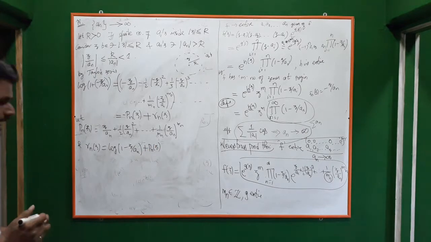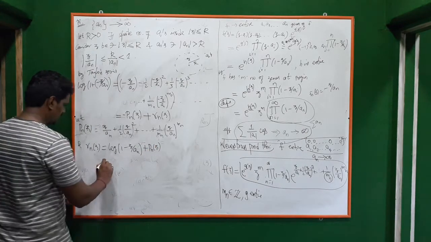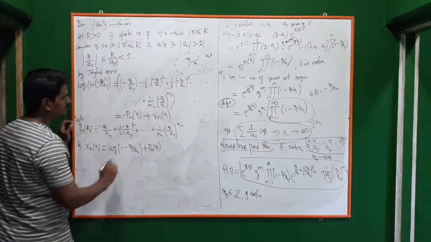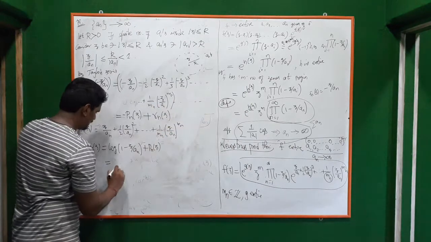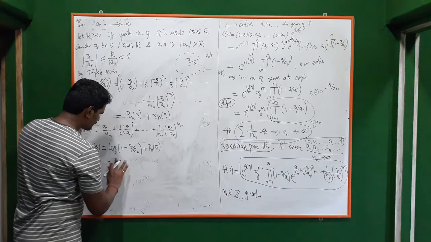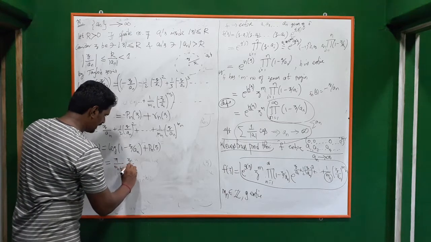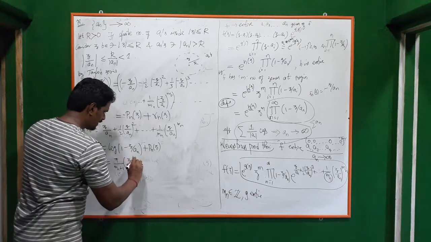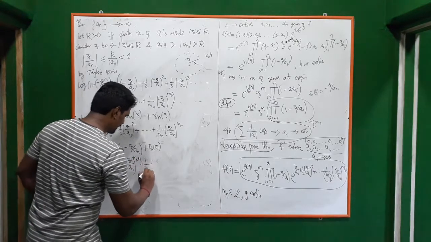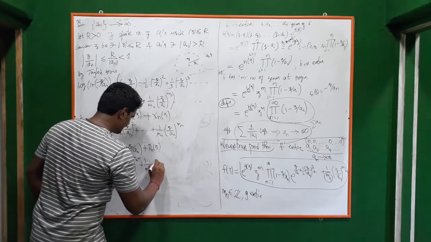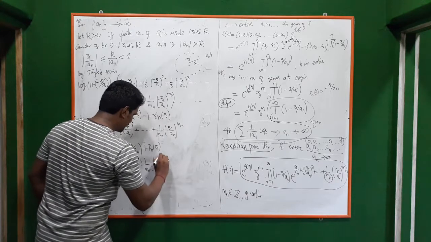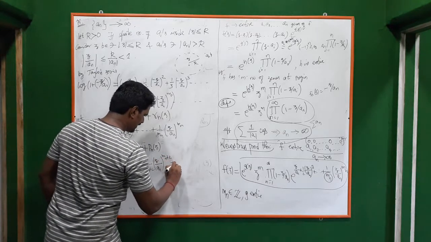That is your R_n(z), which is equal to the remaining terms: starting from (1/(m_n+1))(z/a_n)^(m_n+1) plus (1/(m_n+2))(z/a_n)^(m_n+2) plus and so on.